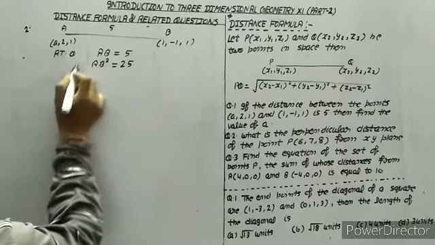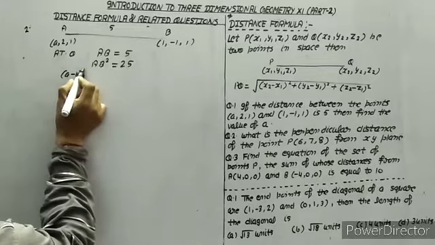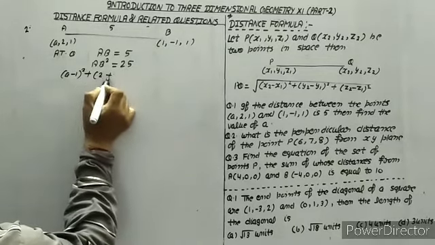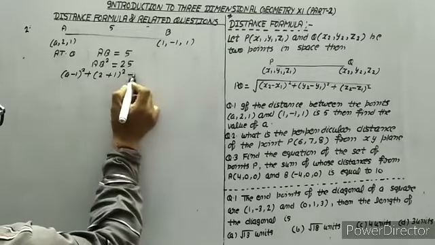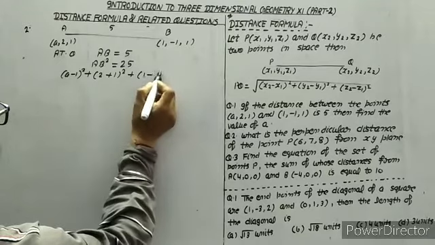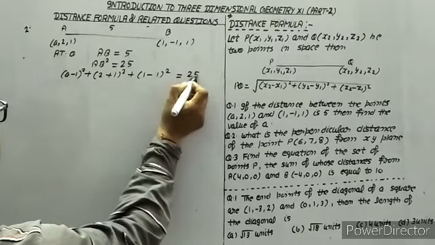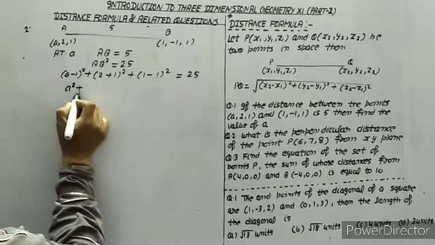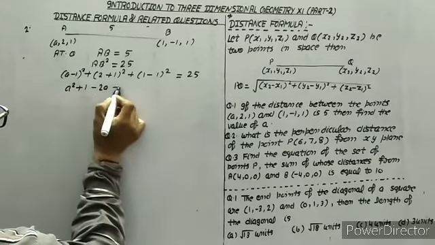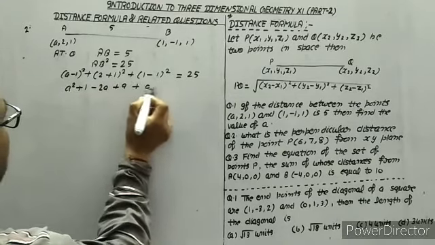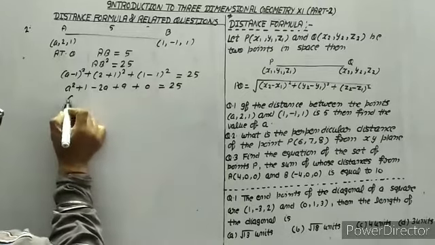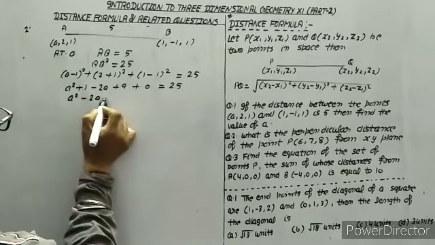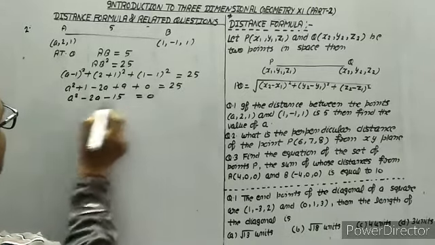According to the distance formula, (a minus 1) whole square plus (2 plus 1) whole square plus (1 minus 1) whole square is equal to 25. Now open the identity: a square plus 1 minus 2a plus 9 plus 0 is equal to 25, so a square minus 2a minus 15 is equal to 0.